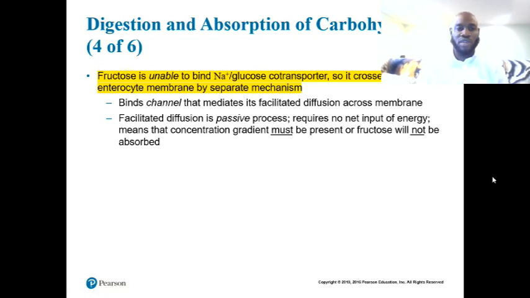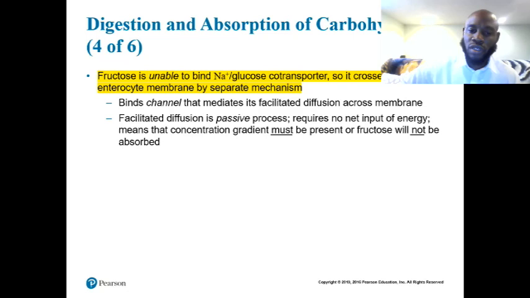Fructose is unable to bind the sodium glucose co-transporter, so it crosses the apical side of the enterocyte by a separate mechanism. It binds to a channel that mediates its facilitated diffusion across the membrane. And this is a passive process, requiring no energy.